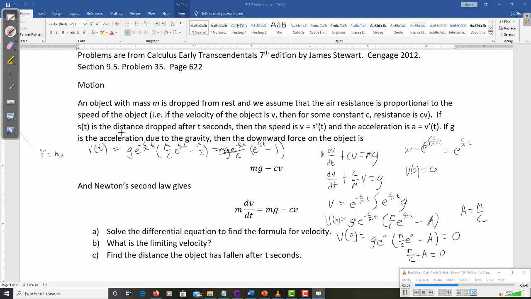Honestly, I might as well take this e to the negative c over m t into it, because multiplying this times that you just get e to the 0, which is 1. So this will just be mg over c times (1 minus e to the negative c over m t). That's probably the simplest version of it.